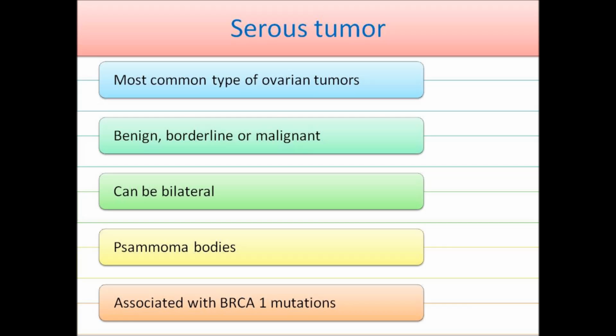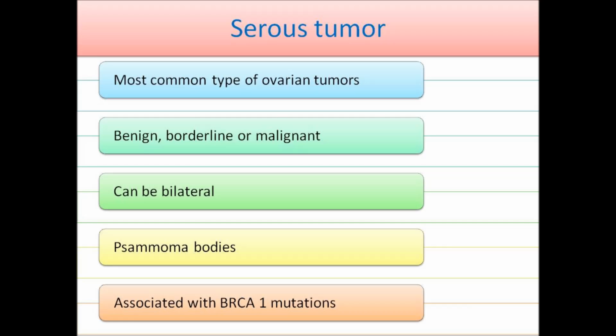So serous tumors can be benign, borderline, in which the cells can undergo malignant transformation, but they don't have the same malignant potential as malignant tumors, but still they have the ability to transform into malignancy. And also serous tumors can be malignant. So the benign tumor is called serous cystadenoma.